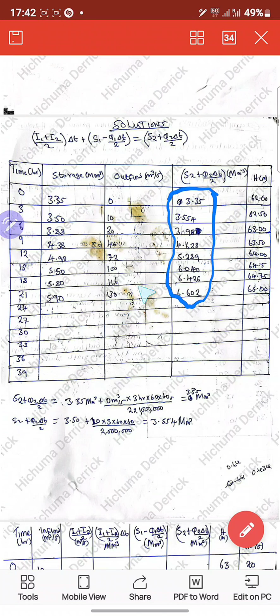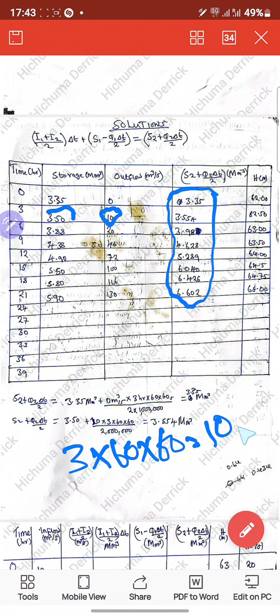Okay, so for t equals 2 here, you have your storage as 3.5, which is here, plus now your outflow is 10. So you have 10 times 3 times 60 times 60, which I think should be 10,800 seconds.